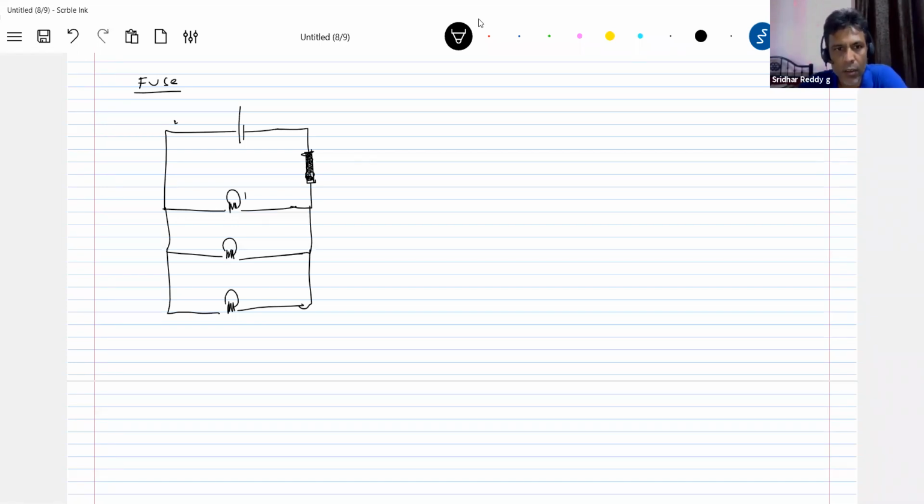The resistance of all bulbs is identical. Let the source be 8 volt. All bulbs are identical, and the resistance of each of them is 25 ohm.